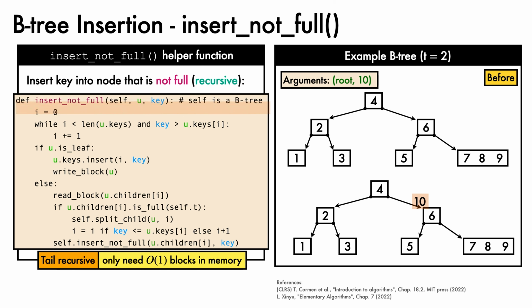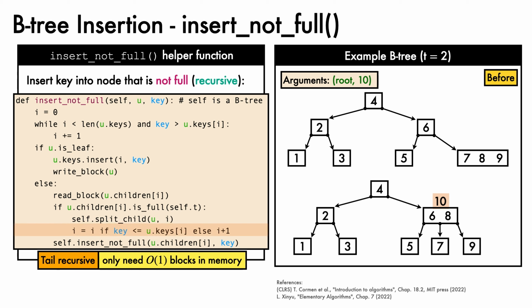We do another linear scan, incrementing i from 0 to 1, since 10 is bigger than 6. Again, we check if u is a leaf node, which it isn't. So we go to the else statement and read its ith child into memory. We check if the ith child is full, and this time find that it is. So we call splitChild to make room for the new key, which pulls the median key of the child up into u in the process.